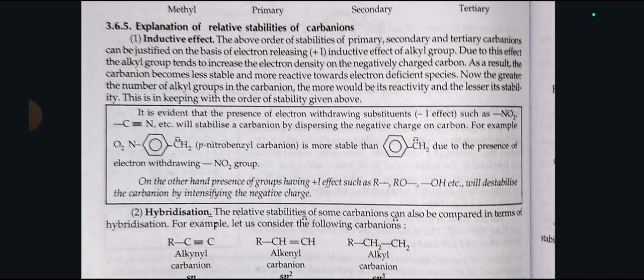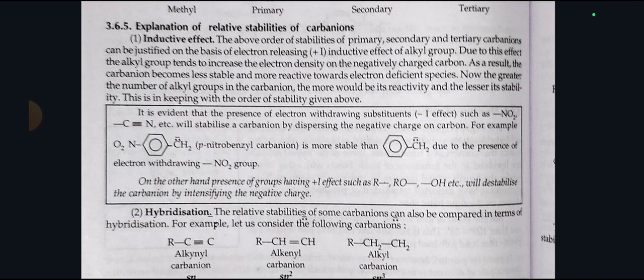It is evident that the presence of electron withdrawing substituents with minus I effect such as NO2, C triple bond N, etc. will stabilize the carbanion by dispersing the negative charge on carbon.